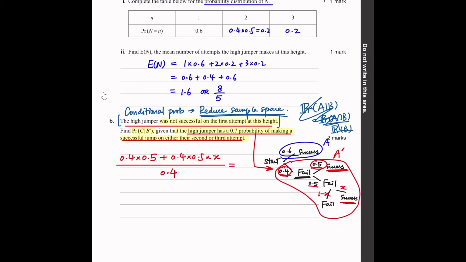And then it is equated to, let's say, 0.7 divided by, actually, this 0.7, yeah, this is 0.7, because you can just knock out the 0.4, isn't it?